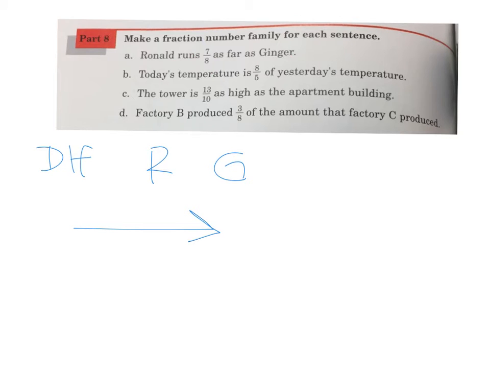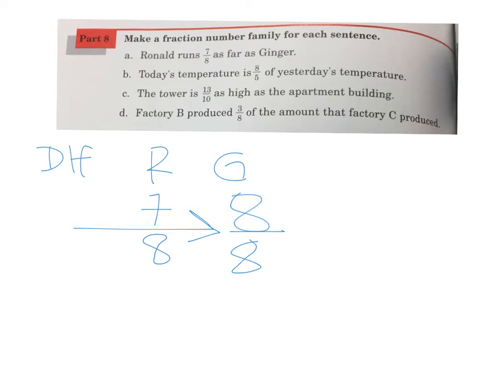We know that Ronald is 7/8, which means the bottom number has to be the same. Since we're comparing Ronald to how far Ginger ran, Ginger's going to be the number 1. Remember, one of these two always has to be number 1. 8/8 is going to be 1 because they already told us Ronald was 7/8.